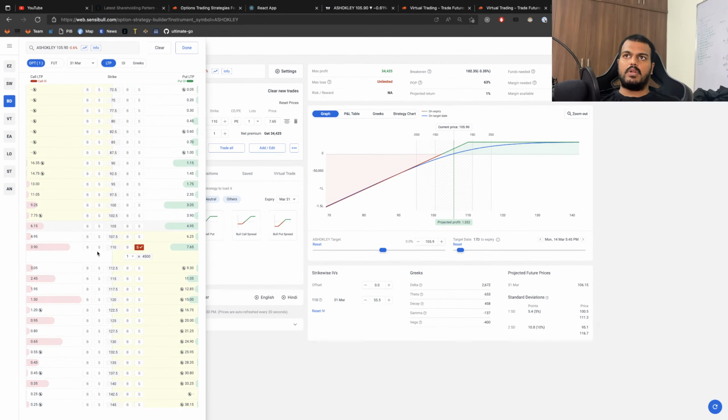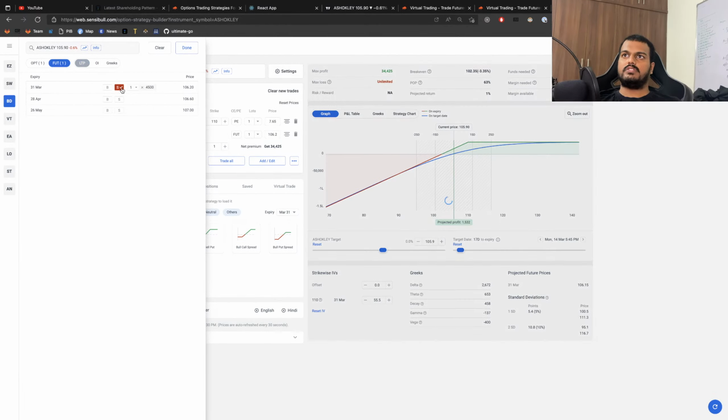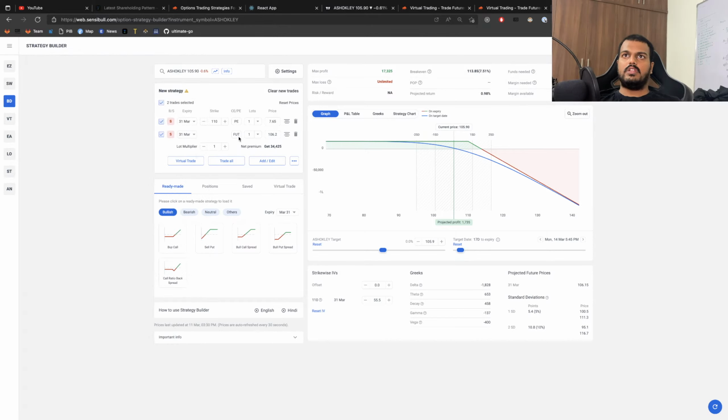But what they might have done is they might have already shorted this, right? They might have shorted it at, let's say, 95 or something like that range, and then they want to have a good upside hedge or something like this.